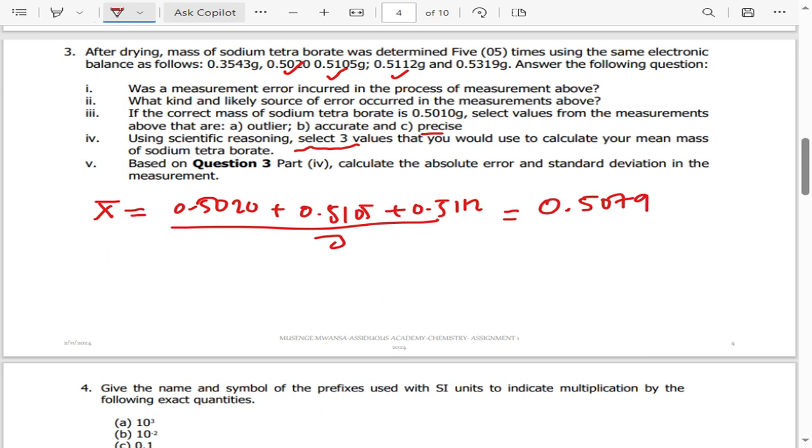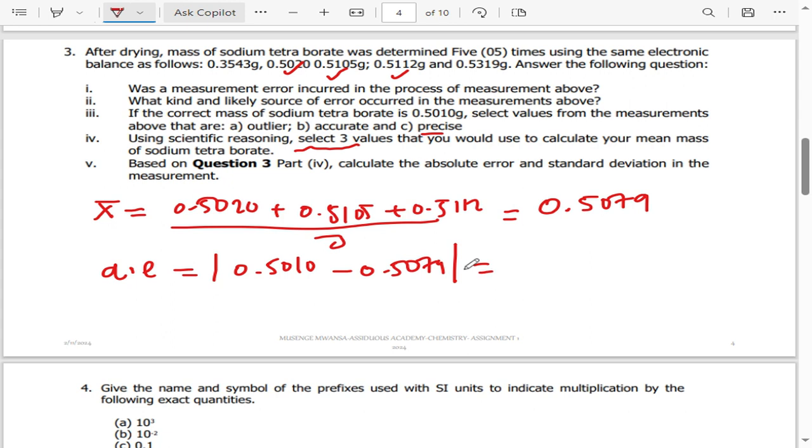How do you calculate the absolute error? Absolute error is given by true value minus mean mass. So the absolute error, I can write ER, is going to be the true value. The true value we've been given is 0.5010. We subtract the mean, that is 0.5079.